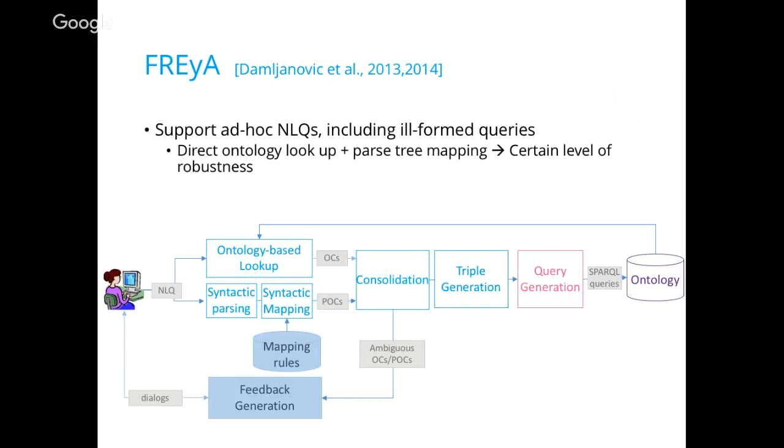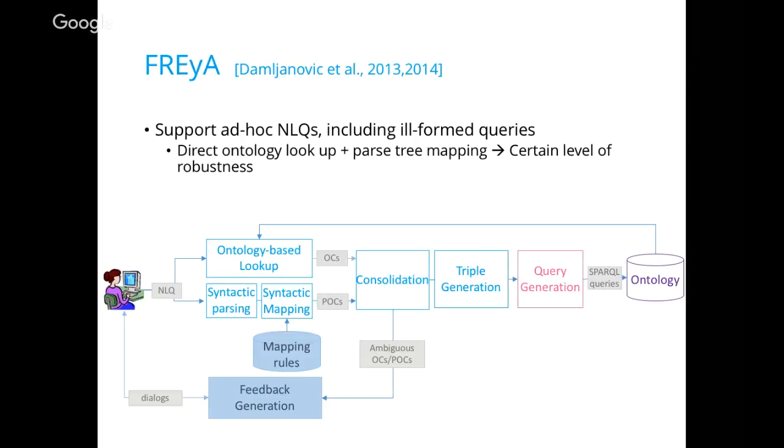So, moving on to the next system. In this system, the data storage is based on some ontology. You can see here it actually has multiple parts. It utilizes parsing and then tries to do some syntactical mapping. It also tries to use the ontology itself to do some direct lookup.